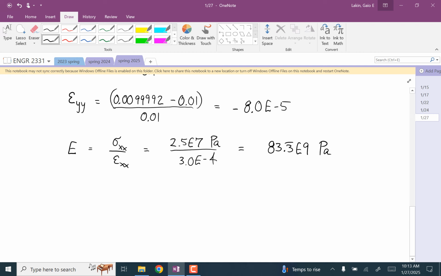And now the Poisson's ratio. The formula for that says negative off-axis strain, and in our case, the off-axis strain that we know is EYY, divided by EXX, the on-axis, loading axis strain.